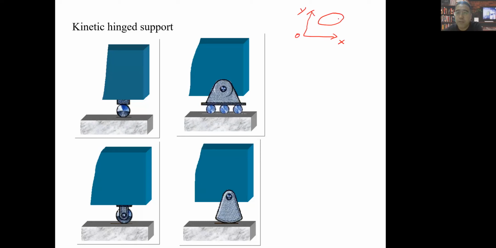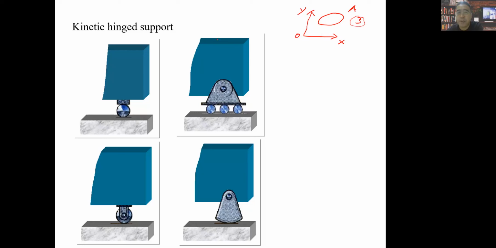So if we have a body A, and it is free in this plane, then it will have three capable of movement. That is a translational movement along the x-axis, translational movement along the y-axis, and the third one is rotation around the axis, right?